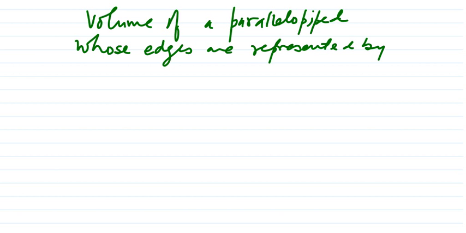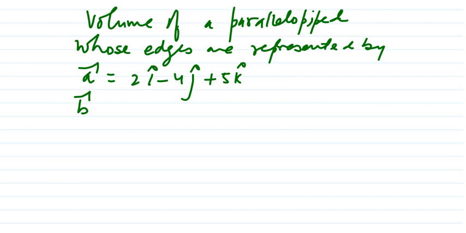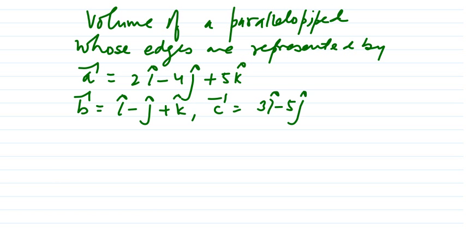say, the vector A is 2i minus 4j plus 5k. Vector B is, say, i minus j plus k. Vector C is 3i minus 5j plus 2k.